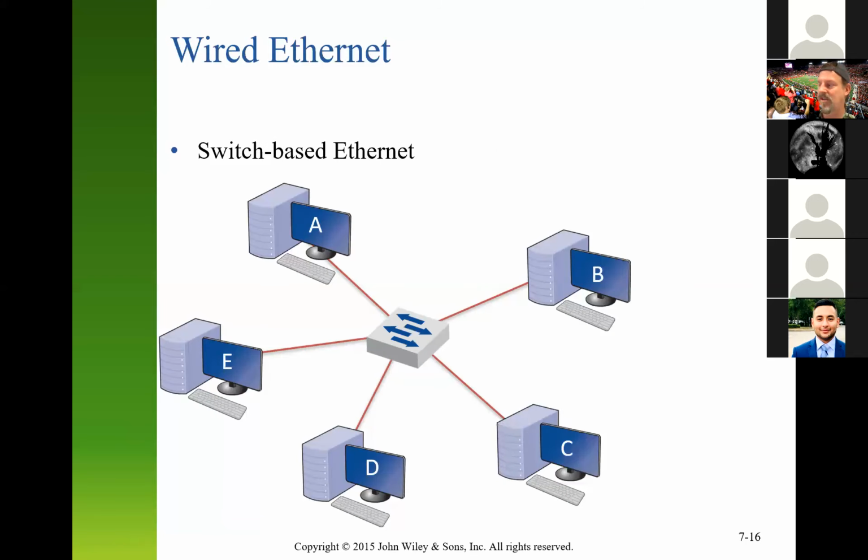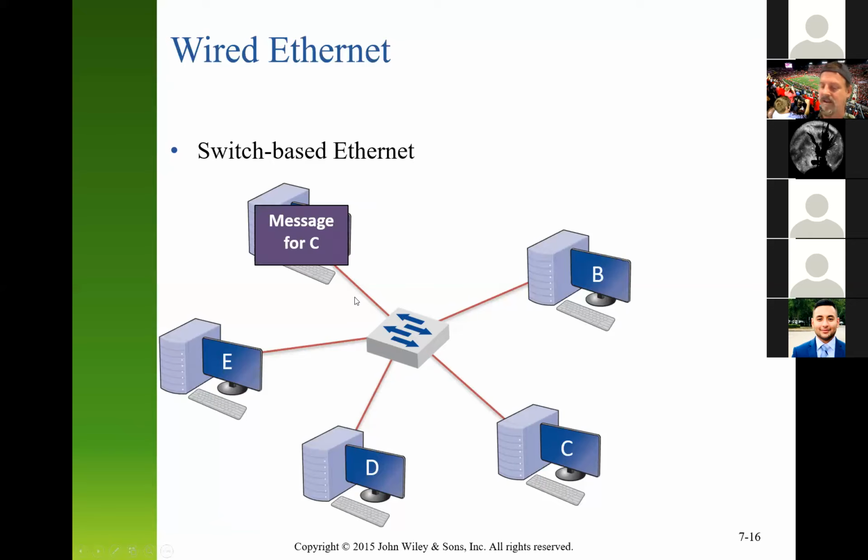We use switches instead. They physically look like the same thing, but now they have processors in them. They have memory in them. They have code in those processors. They don't usually have hard drives. They usually just have little, it's kind of like using a USB stick with data on it. There's code in here.